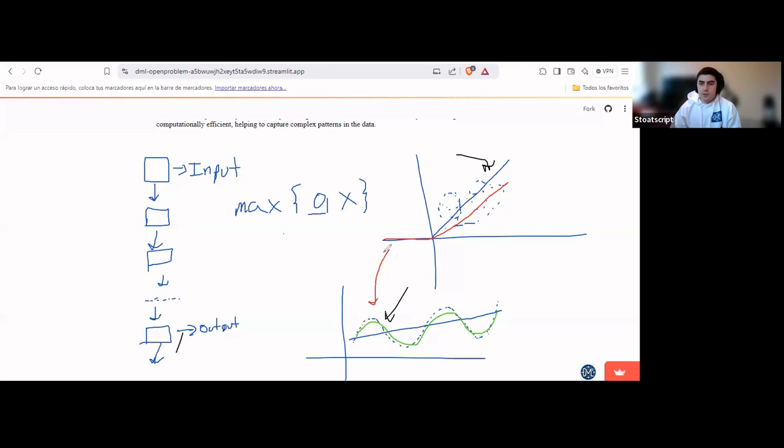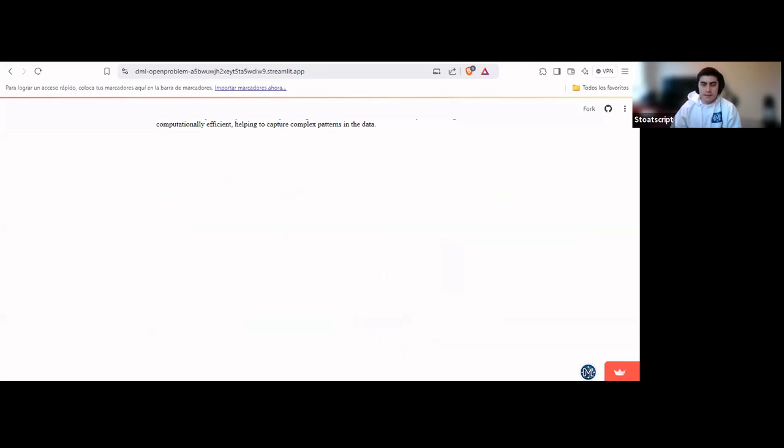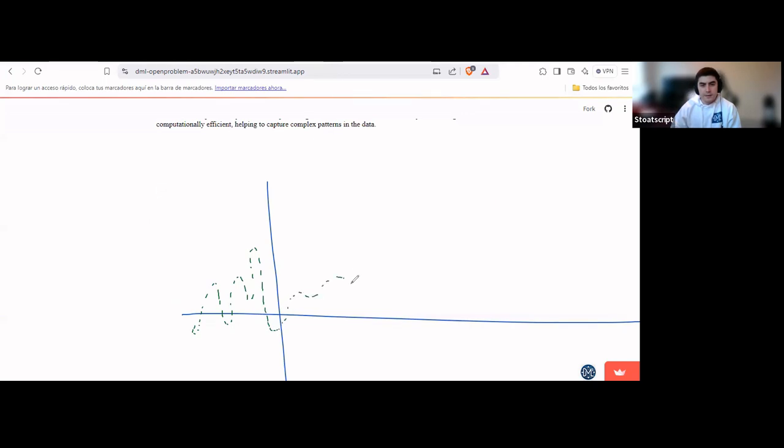So let's say, let me clean this up, you had this pattern here and your real data behaves like this. You're looking at the negative values in X and you have something like this, a very intricate pattern right here on the left side of the axis. And then over here, you have something like this on the positive side.